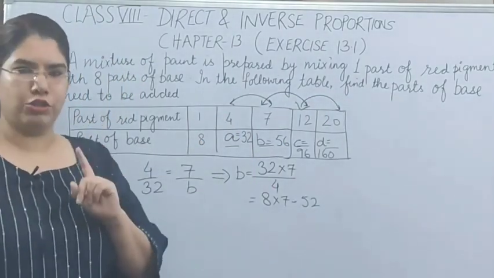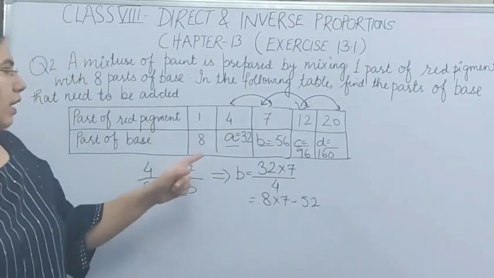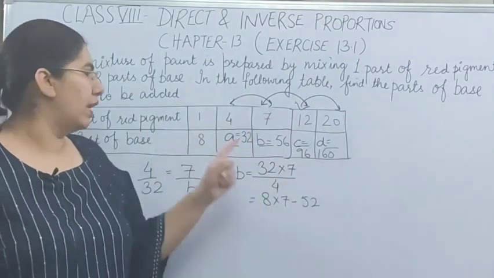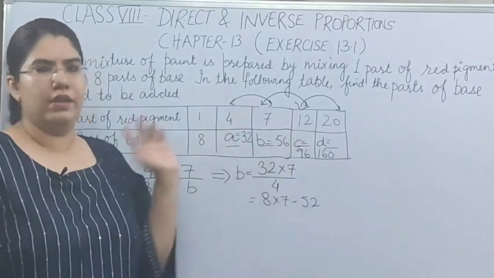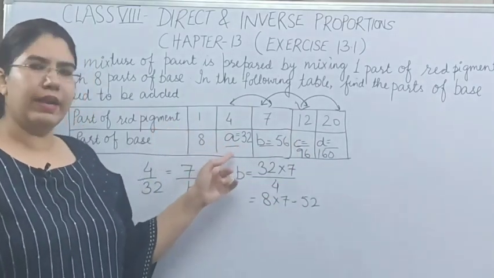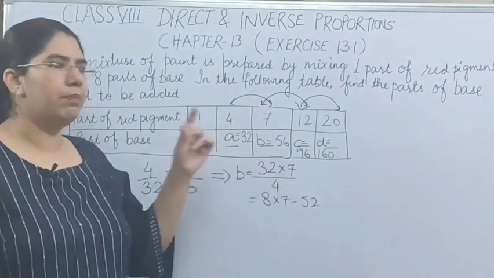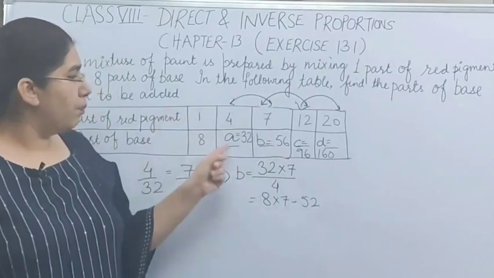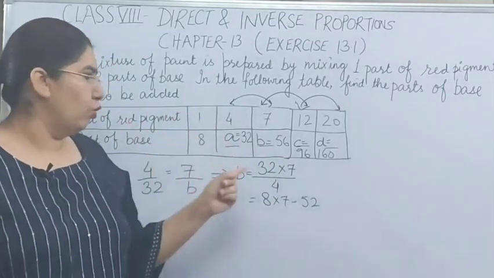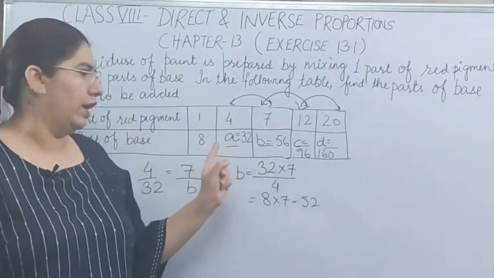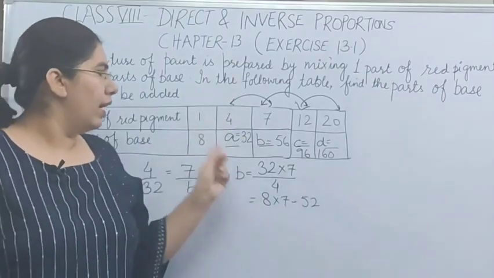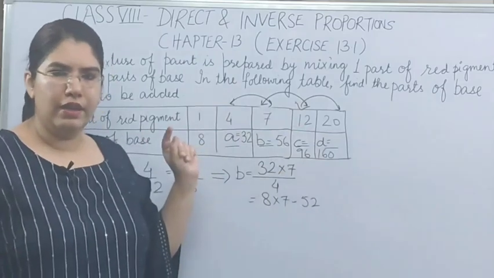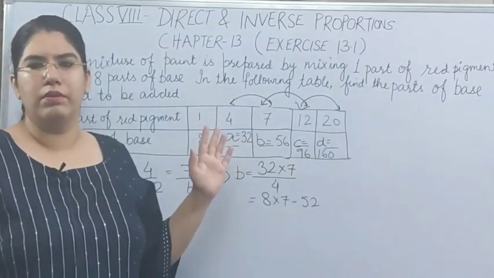But the word of caution here is that in exams there are separate marks for calculating A, B, C, D, right? So if you get A correct, you will have some marks. If you get B correct, you will have some marks. If you get C correct, then you will have some marks. Suppose you falter in A, you have a wrong calculation here in A, and you keep on using A to calculate B and to calculate C and then D, you will lose all your marks, right?